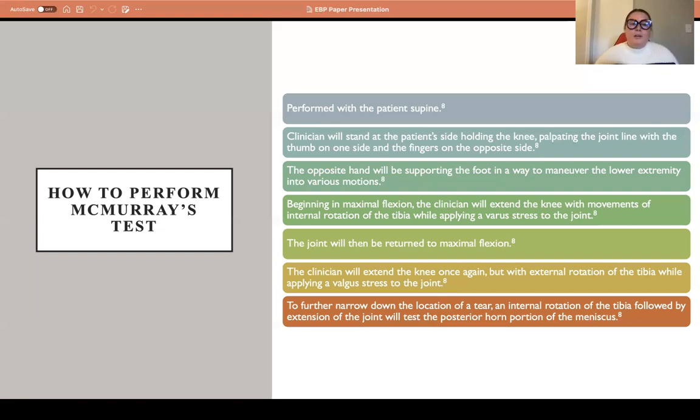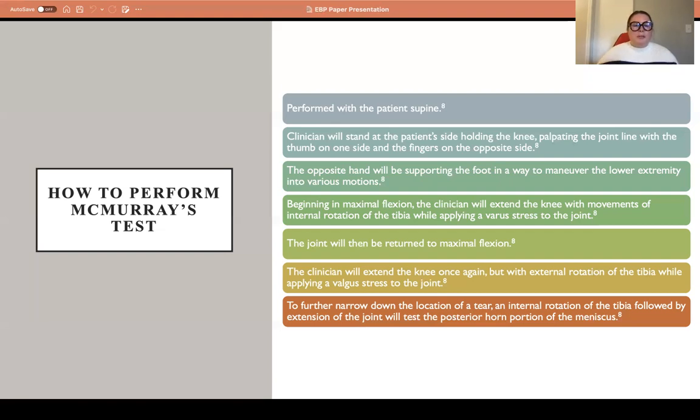So another thing, I just wanted to add this in because it's not in how to perform the test. The mixture of internal rotation and varus stress is used to test the lateral meniscus, while external rotation with a valgus stress is used to test the medial meniscus.